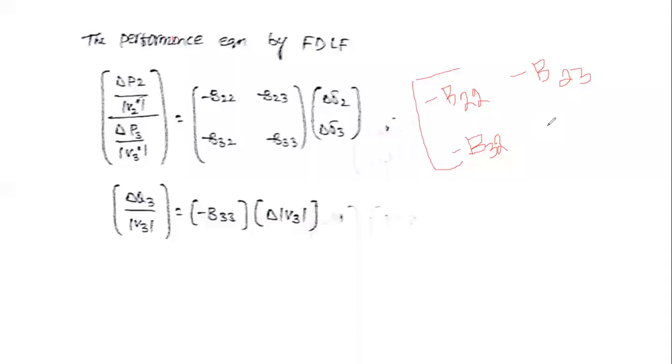Minus B32, minus B33. This is the delta P by V values and this is the delta. Delta P3 by V3 equal to minus B33 into delta V3. We are already calculating these B values.